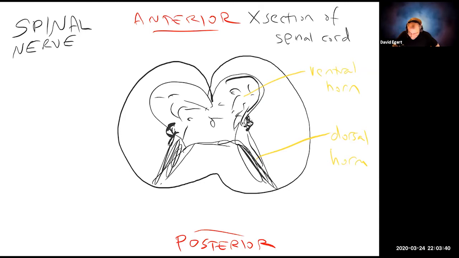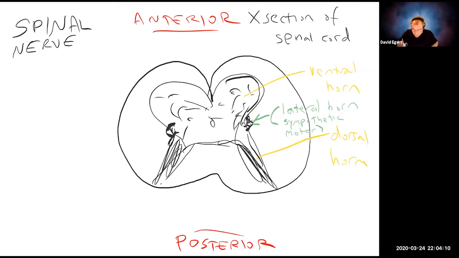So maybe I'll put that in parentheses right now. We're going to talk about this later. Don't worry about it right now. It's only going to be in the thoracic and lumbar regions of the spinal cord. This is going to be sympathetic motor. But I'm putting it in parentheses. Don't think about it right now.